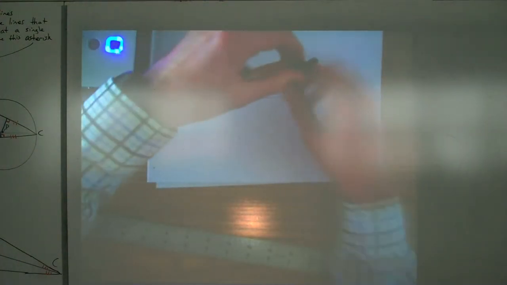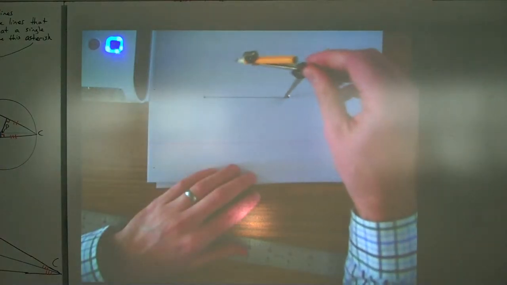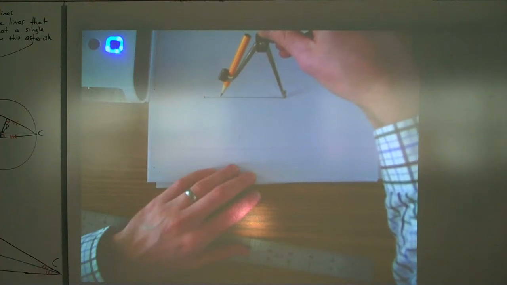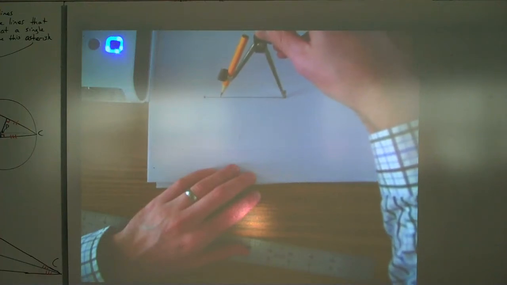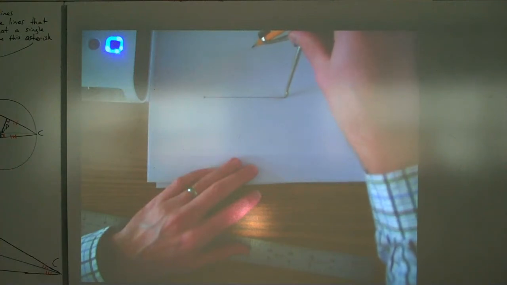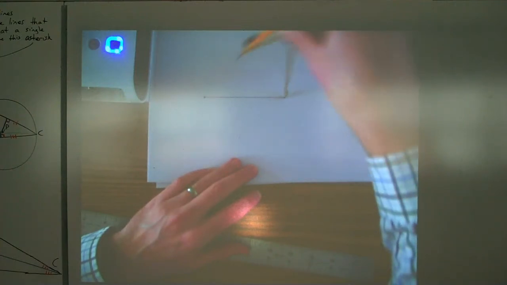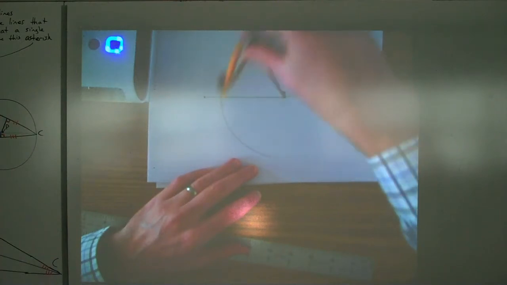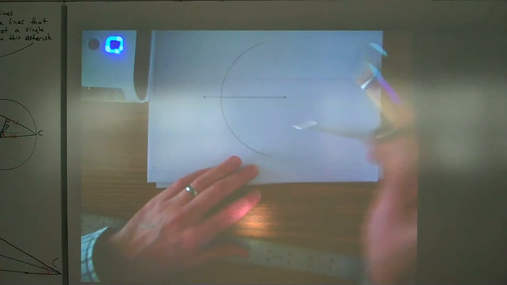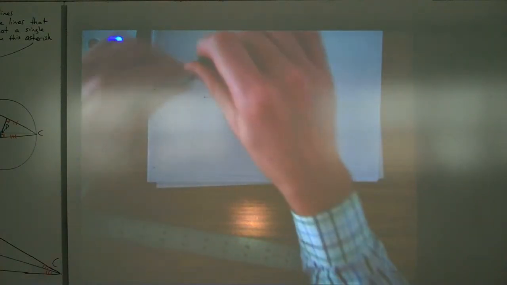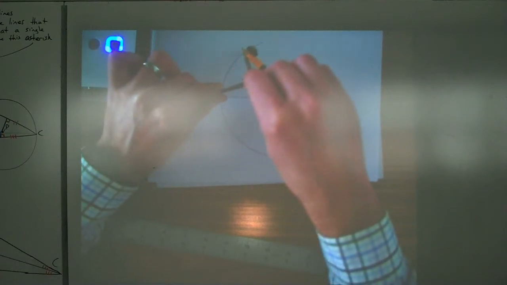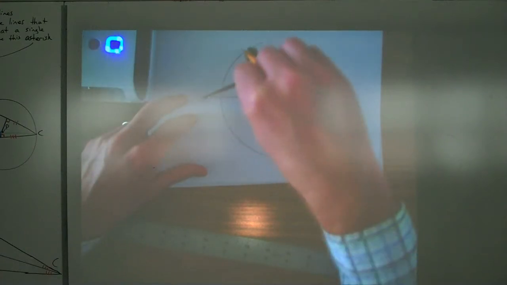We take our compass and we extend it to at least half the length of the segment. Really, more like closer to the whole length of the segment, just so we can get a good arc here. Okay, and then we draw an arc all the way through. And being careful not to change the width of our compass, we go over to this other point, do the same thing.